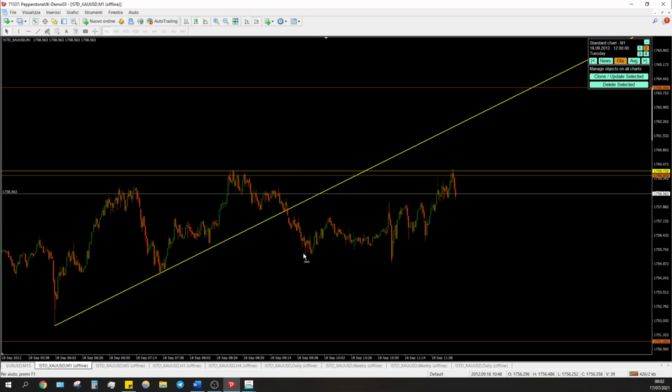We can't say that price changed the bias because, as you can see, you can put it here. Here it's still in a bullish trend, and you can't deny it. Has been ranging and against the key level and against these lows, more or less.